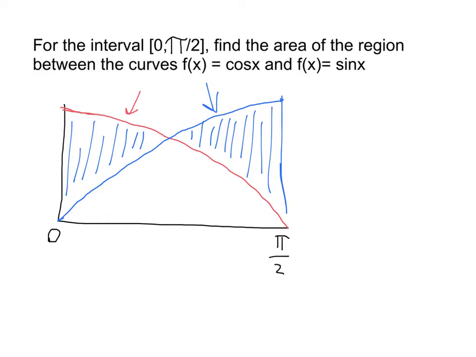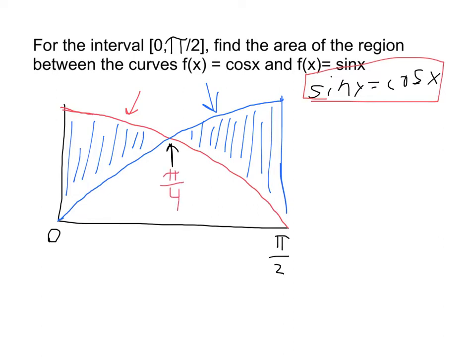So the big question before we set up our integrals is, where do these two curves meet? When does sine x equal cosine x? This is where 15 minutes at Whataburger looking at your unit radius circle will really pay off. They meet at pi fourths.